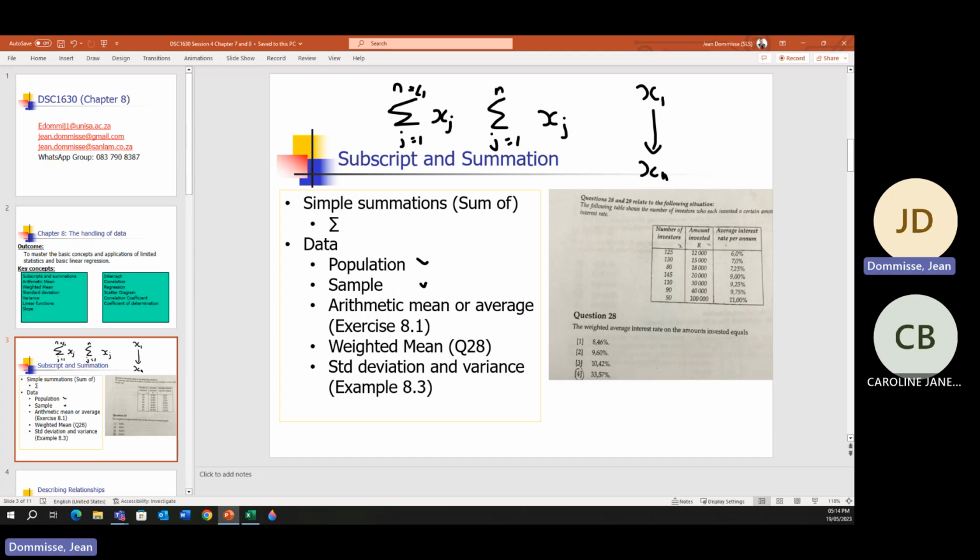So we can say the population of South Africa, and the sample of that could be the population of the Western Cape. Or it could be everybody that has a height higher than 1.8 or something like that. So the sample is just a subset of the population. If they ask something around sample and population, it will be more around the definitions.